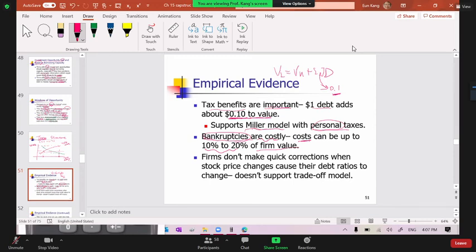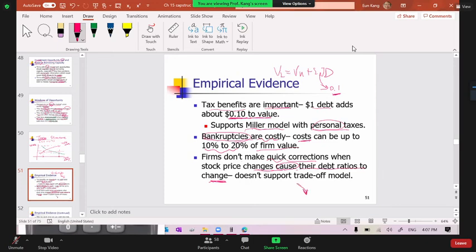And firms don't make quick corrections when stock price changes cause their debt ratios to change, right? If stock price goes down, then what?